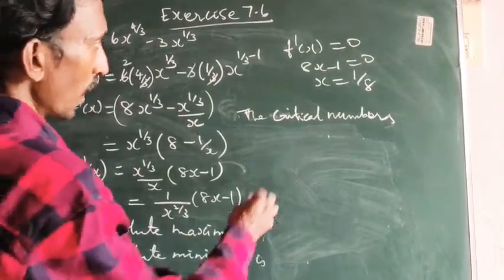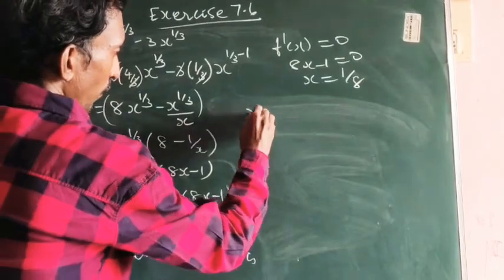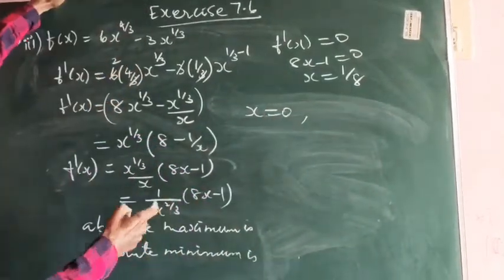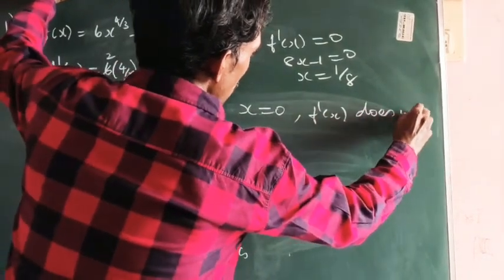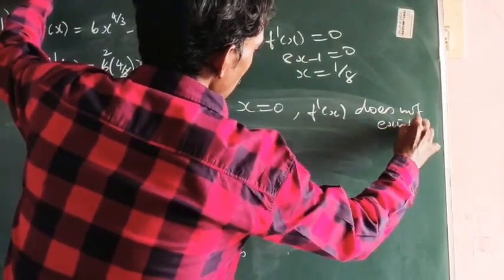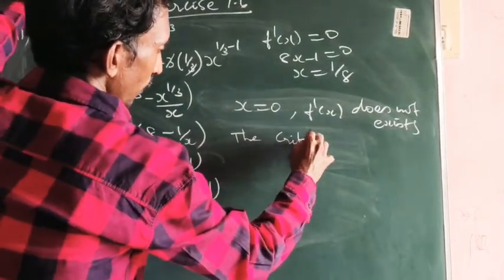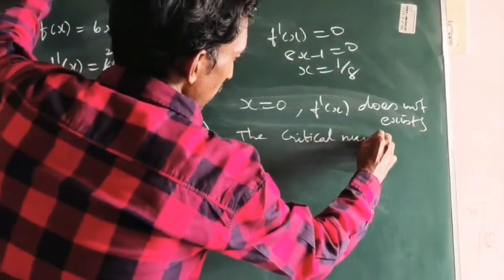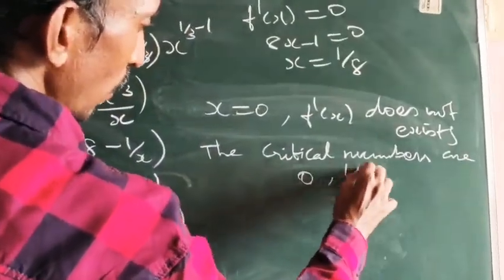And one more thing, if we put x equal to 0, anything by 0 is infinity, so f dash of x does not exist. So both are critical numbers. Therefore the critical numbers are 0 and 1 by 8.